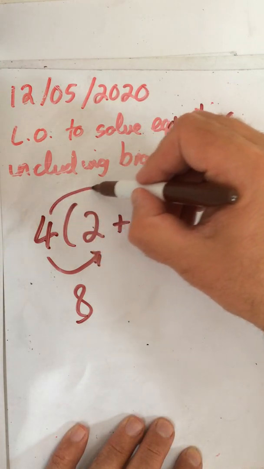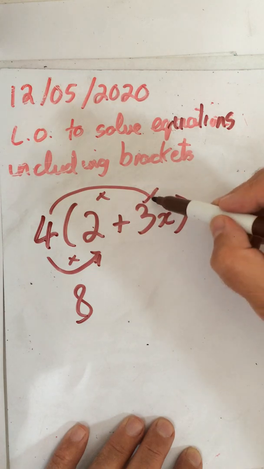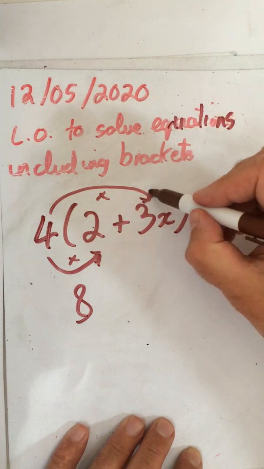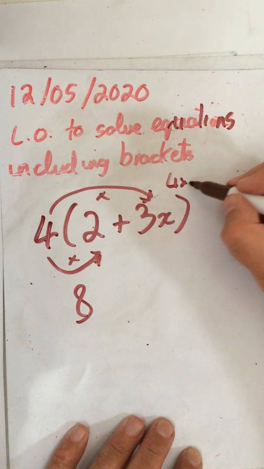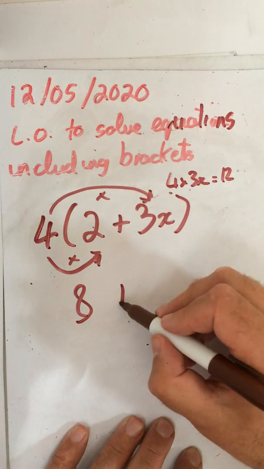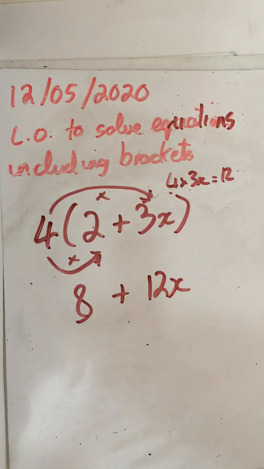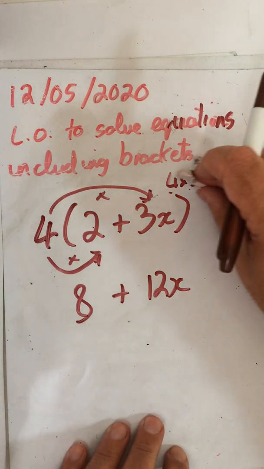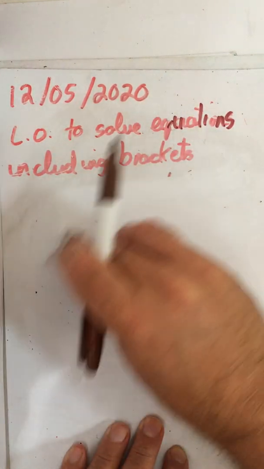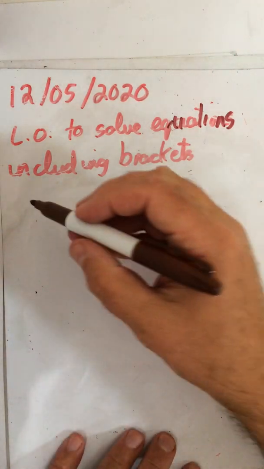Then we have to do 4 times 3x. 4 times 3x is 12x, so plus 12x, and that's the bracket expanded. When you come to do the questions yourself, you have to expand the bracket first, then go from there.